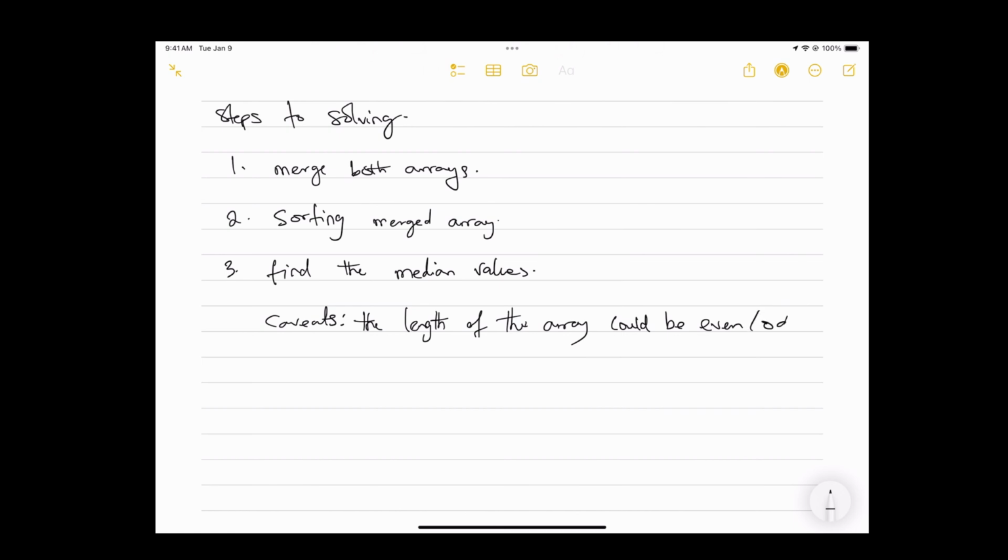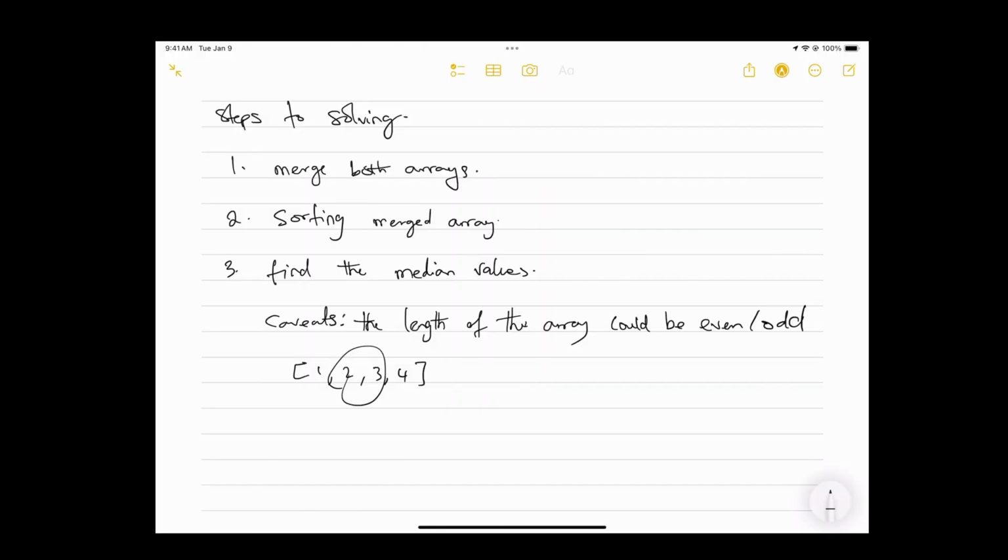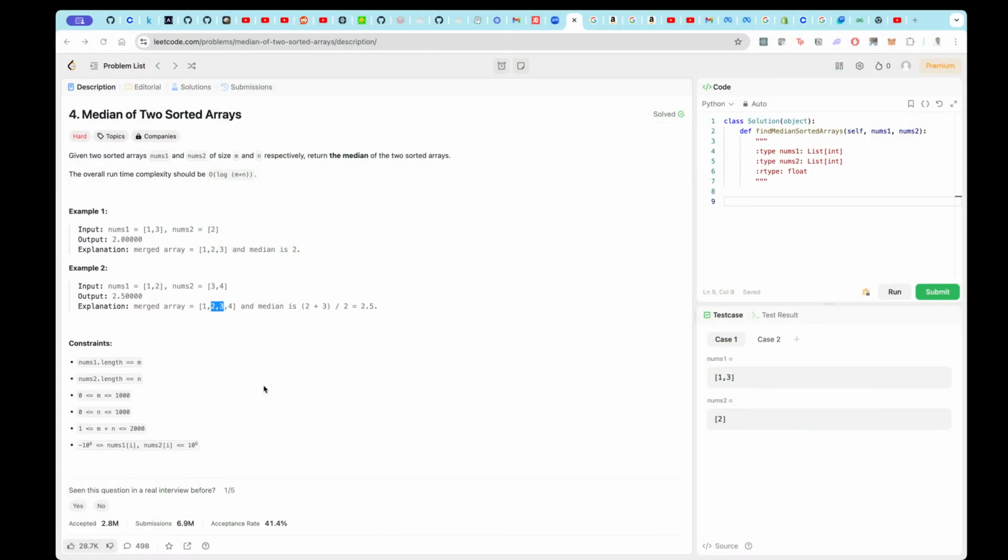So when it's even, we definitely want to divide those two values, and when it's odd, we just need to return one value. So back to our problem. When it's two values, we return both of them, and when it's one, we return just the one.